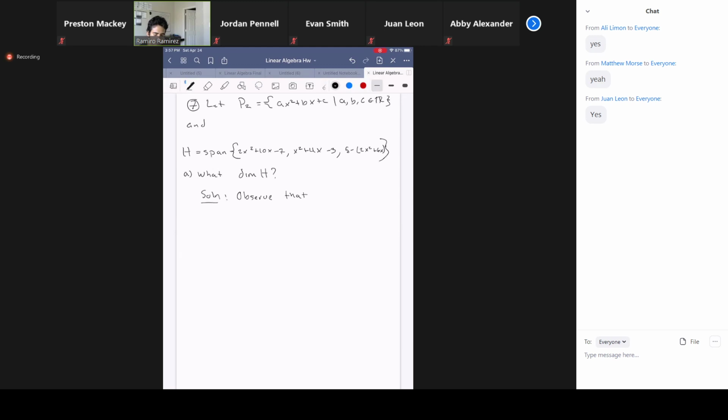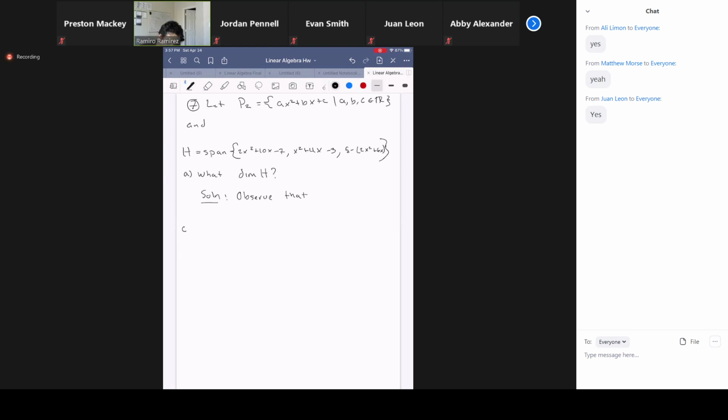Observe the following then. Do C1 times 2x squared plus 10x plus C2 times x squared plus 4. Oh yeah, that's right. We can also check if they're linearly independent if we have the following. Sorry, that was bad.